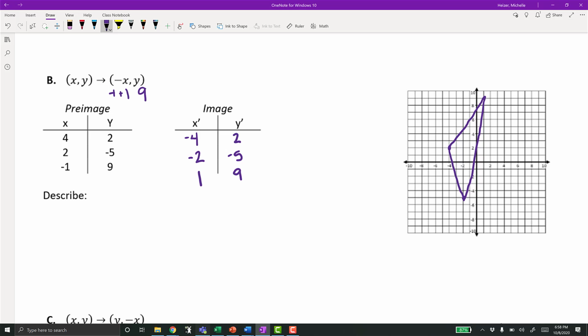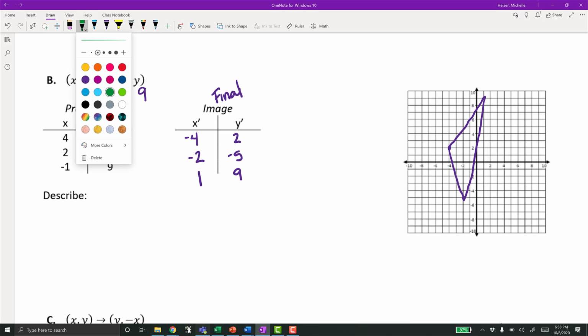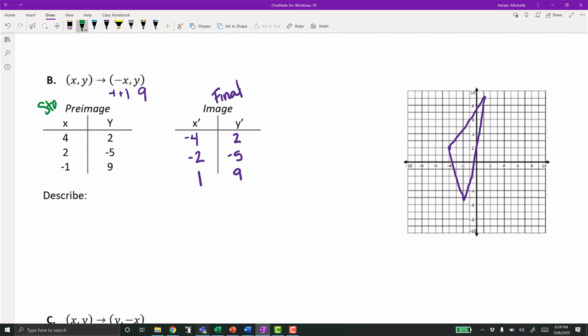So that's my image. Remember, image is final, and pre-image, this is your start. So let me put my pre-image on here.